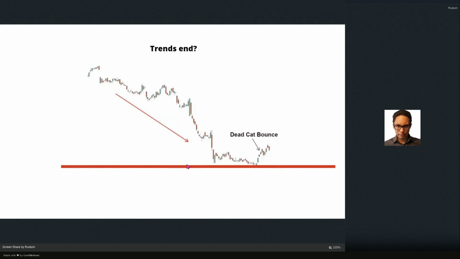Irrespective of what happens at the end of this year, I've highlighted this as a dead cat bounce, which means the prices are making as if it's going to go, that it's changed its direction here, and then it just falls down like this. But you don't want to trade here because it's too close to your barrier.